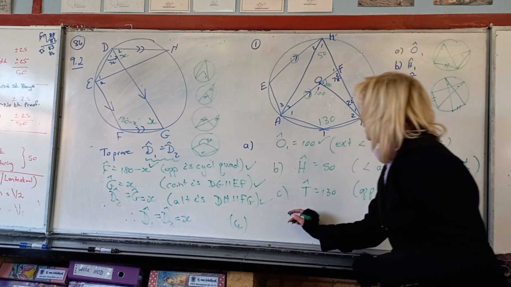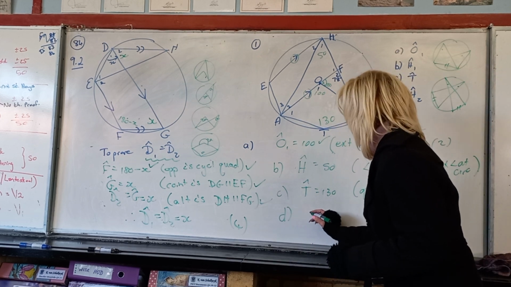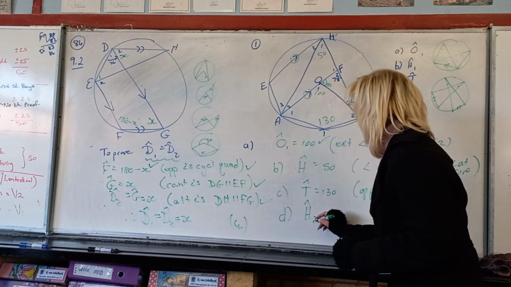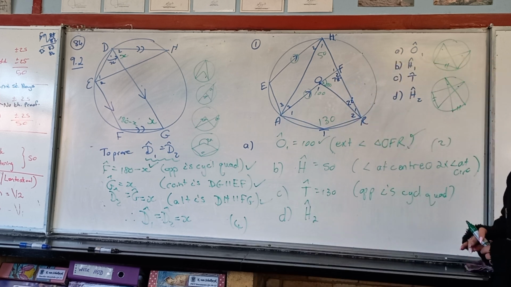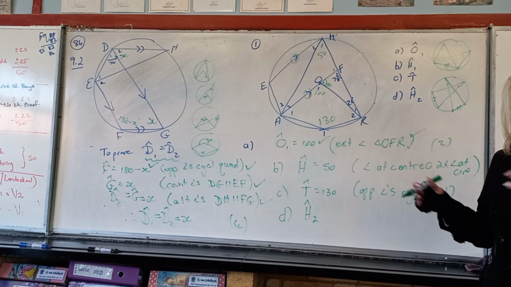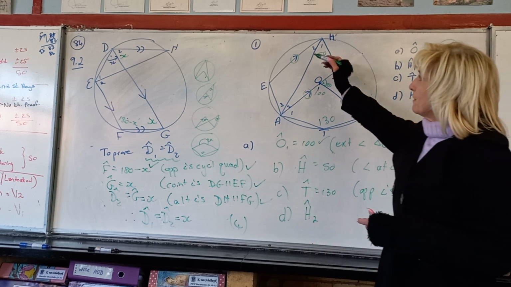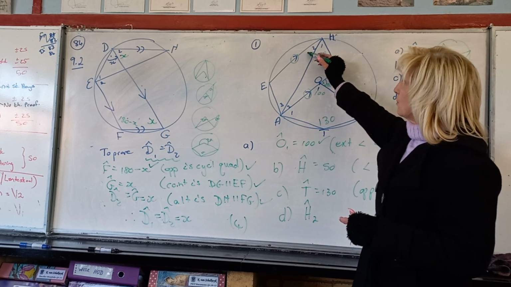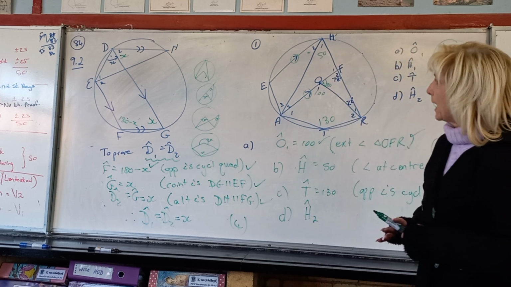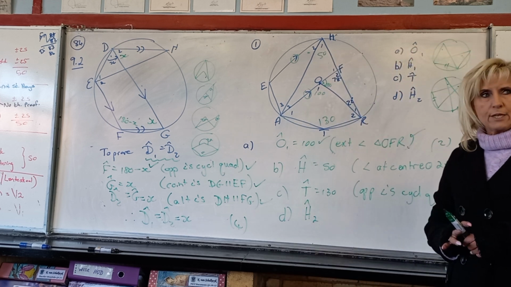Number D, find H2. What haven't we used yet? Parallel lines. So I don't think it's there for nothing, because I'm not seeing anything else happening that we already spoke about. You with me? So H2 would then, if the parallel lines are there, be equal to what? A2. Can I find A2?